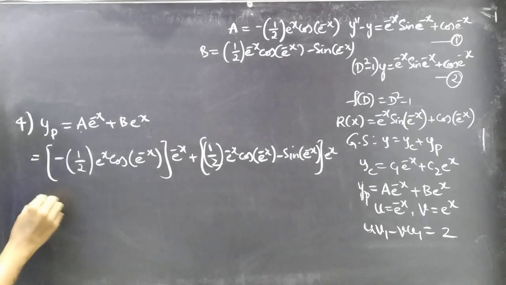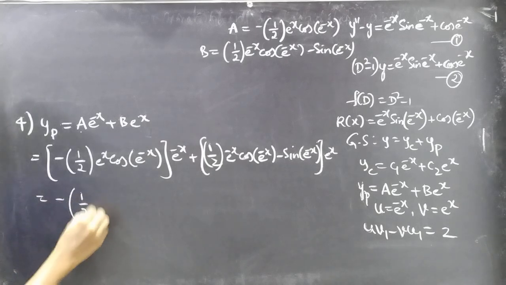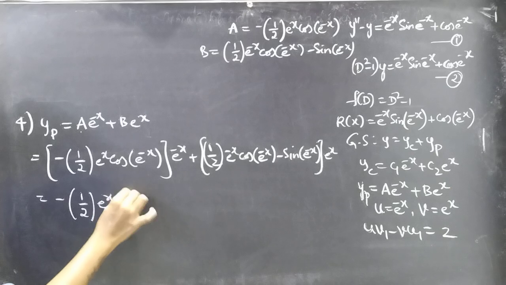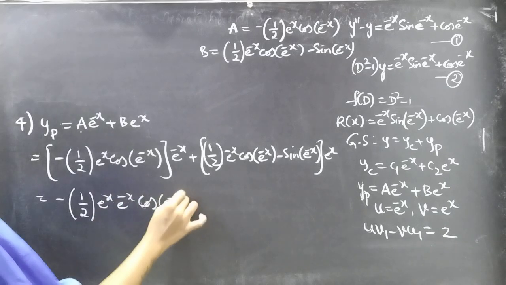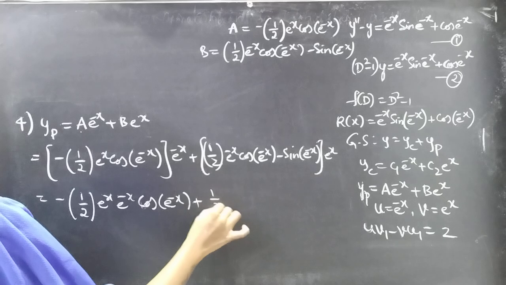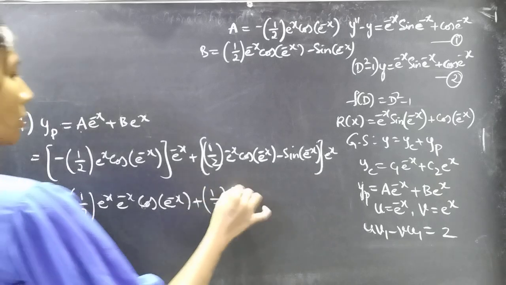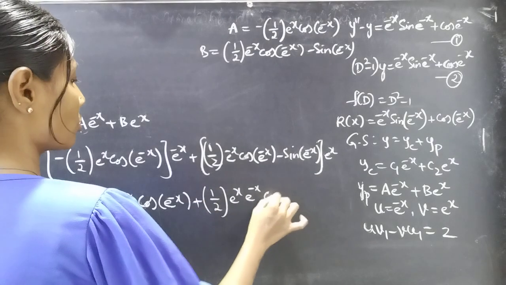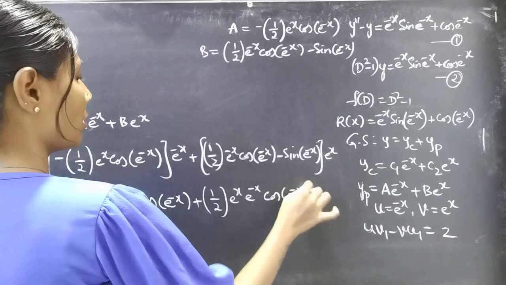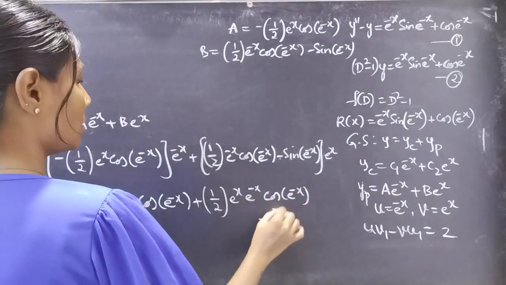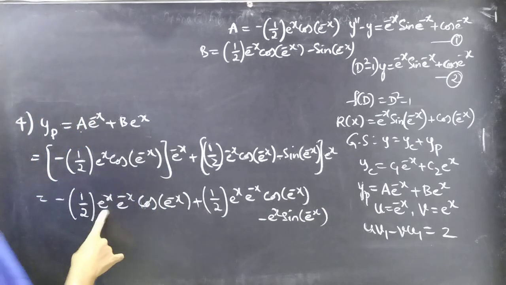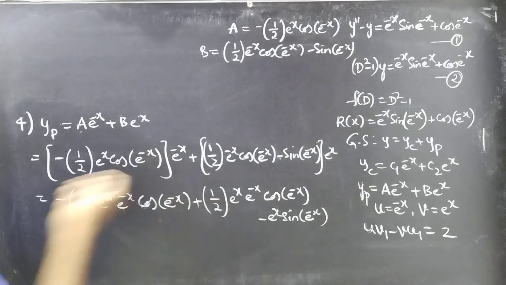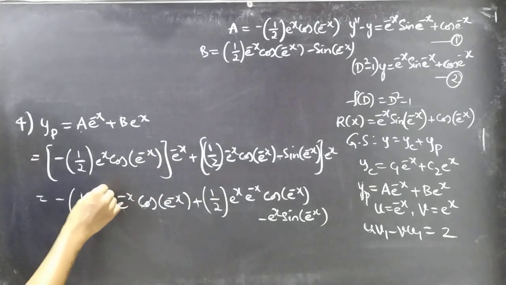This gives us minus 1 by 2 e power x e power minus x cos e power minus x plus 1 by 2 e power x e power minus x cos e power minus x minus e power x sin e power minus x. See, here e power x e power minus x is repeating twice, so you can cancel these first two terms, or you can simplify it.